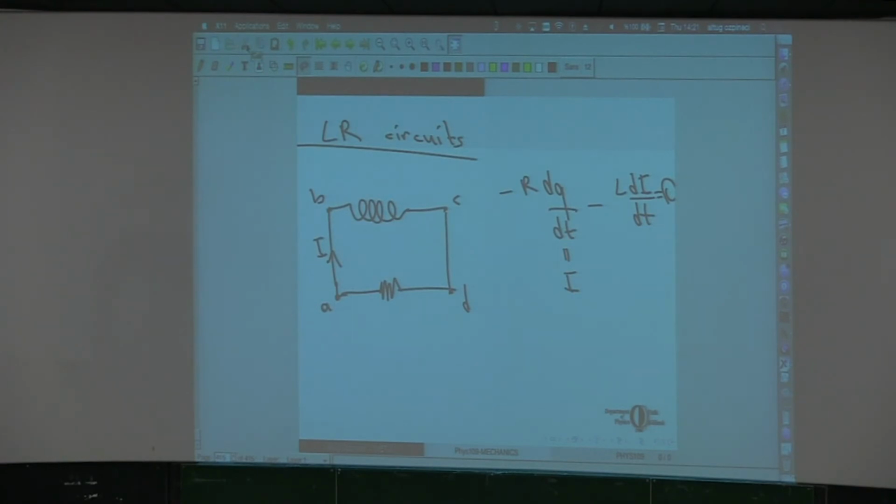That is the EMF created by this inductor over there. In a sense, you can just think of this as a battery in itself, and that battery creates such an EMF.